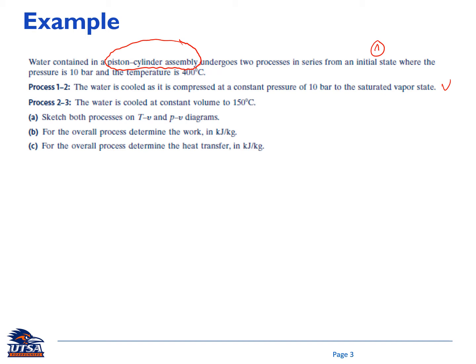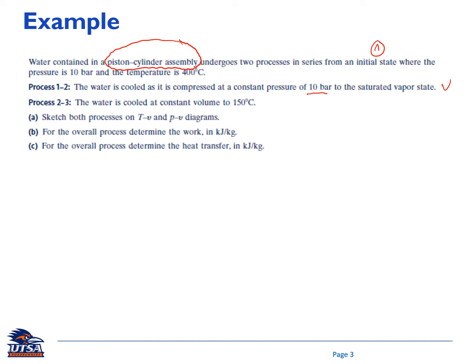This work is applied to the system at constant pressure, delta P equals 0. And then the second process, process 2 to 3, the water is cooled at constant volume to 150 degrees C.